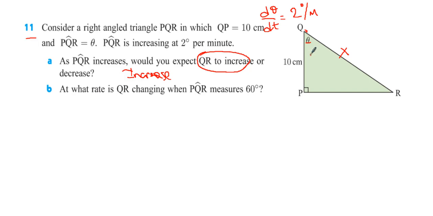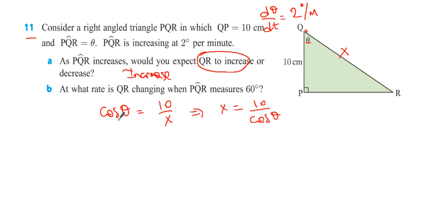By using trigonometric ratios, as it's 90 degrees. So cosine of the angle equals 10 by x. Let me rewrite it: x equals 10 divided by cosine of the angle.